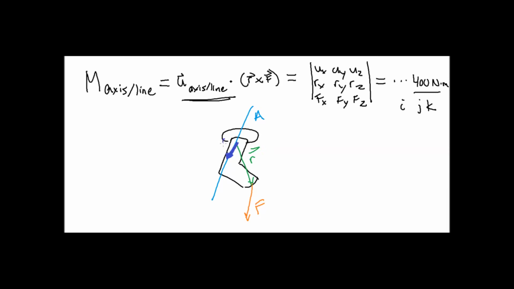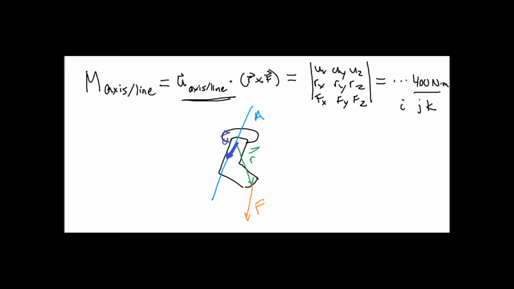So this right here is our unit vector U. Well, what's actually happening here is that what we want is an answer for the amount of moment that actually acts in the direction of U, or along A.